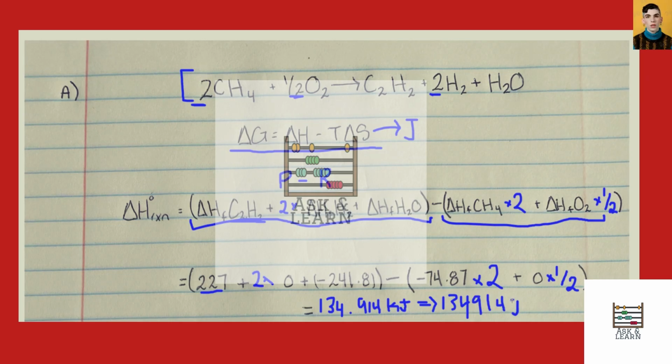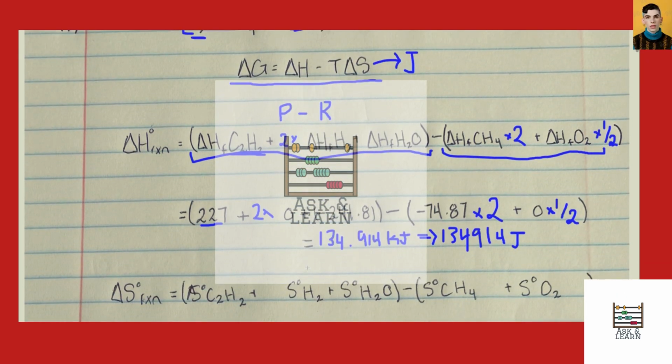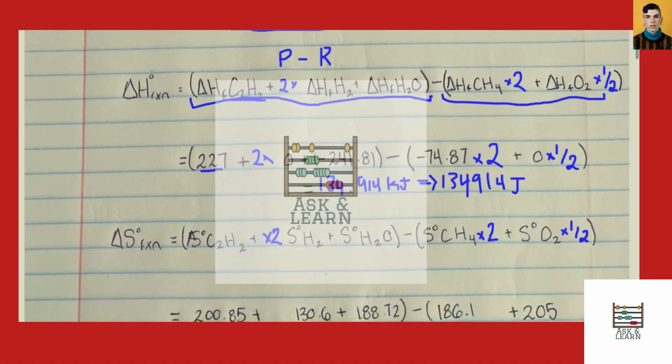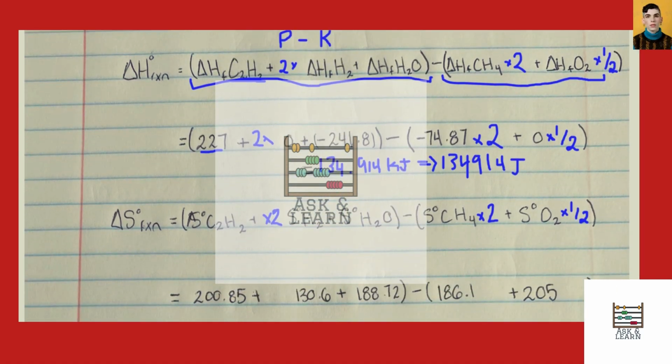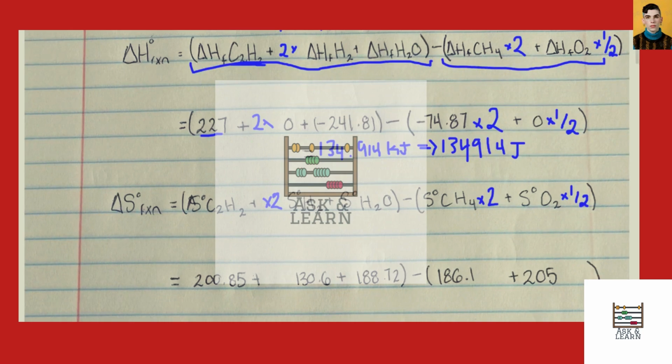joules. Great, so we're going to do the exact same thing with our delta S of reaction now. So again, I wrote out our little skeleton, and let's fill in our coefficients times 2 times 1/2. Great. Again, I've provided the standard entropies for all of these, but again, they should be in your textbook, or you can find them online.